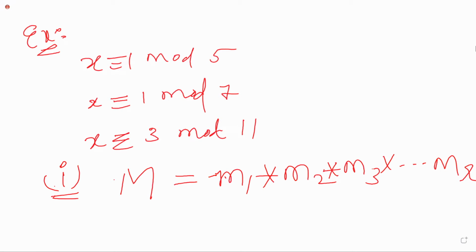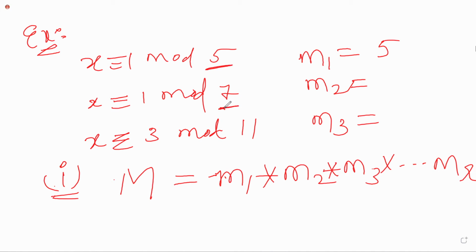First of all, in this example, what is small m1, what is m2 and what is m3? Small m1 is simply 5. In 1 mod 5, m1 is 5, and in 1 mod 7, m2 is 7 and m3 is 11.